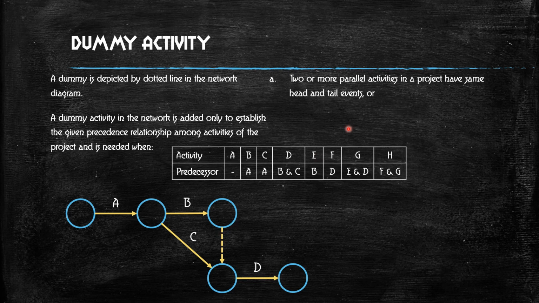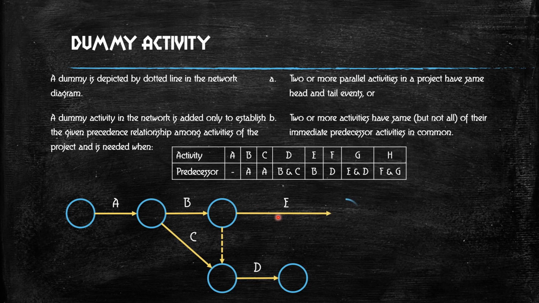Because for E, B is the predecessor. So E can be started when B is completed. You need not wait for the completion of C. Immediately when B is completed, you can start E, but you can start D only after the completion of B and C. That's why in this network diagram, the dotted line is drawn from B to C.